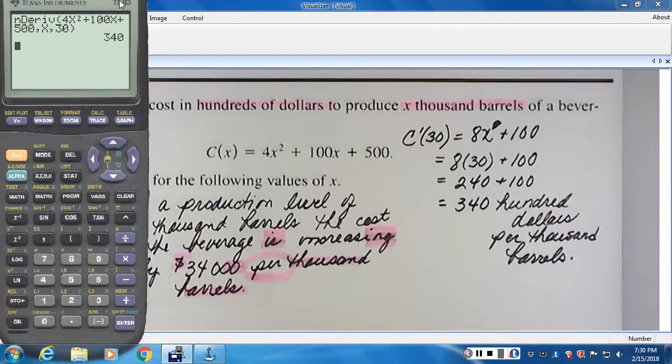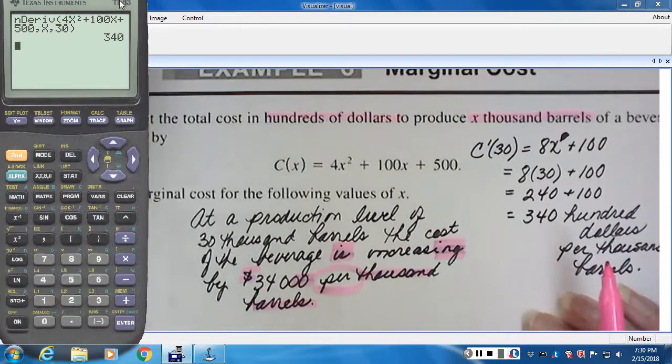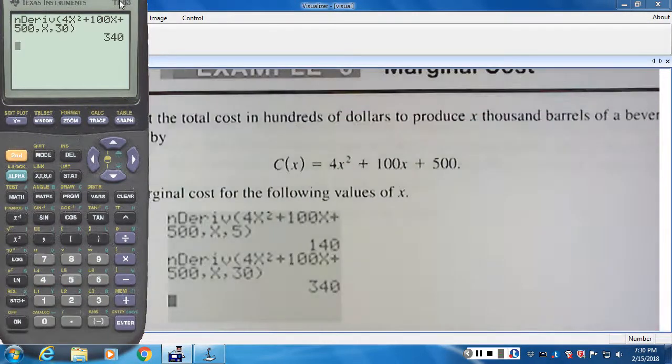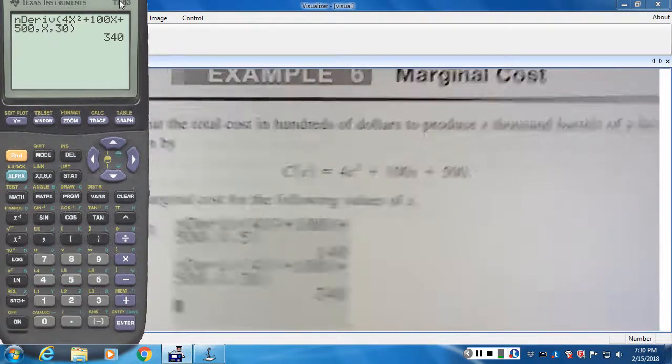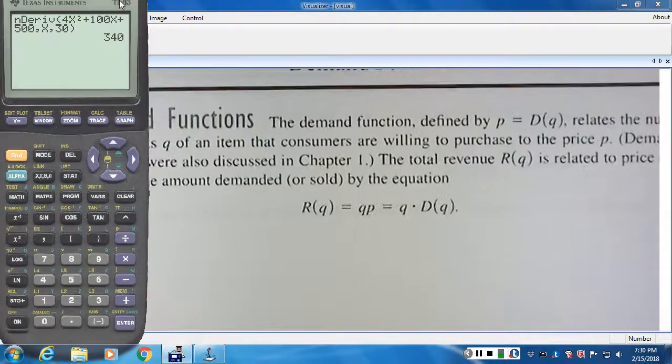Okay? And there again, I showed you how you can do it on the calculator, and it's in the PowerPoint that I put up for you too.